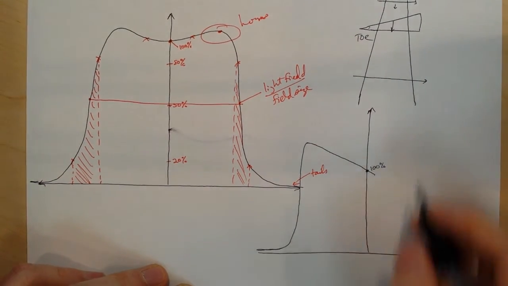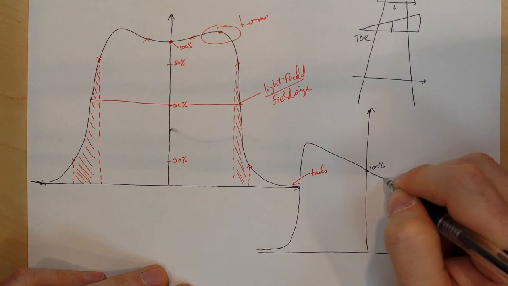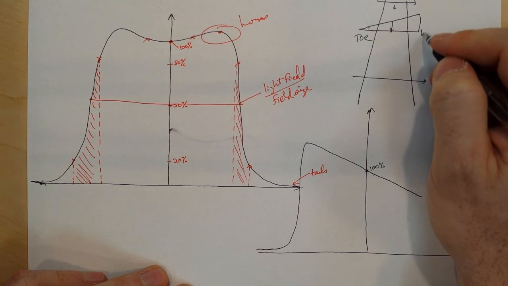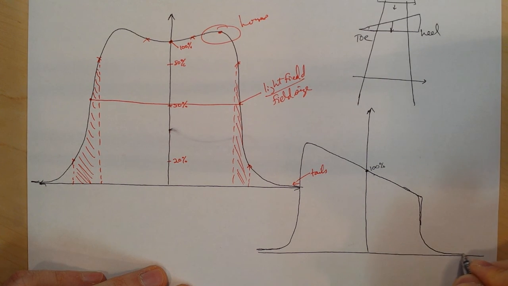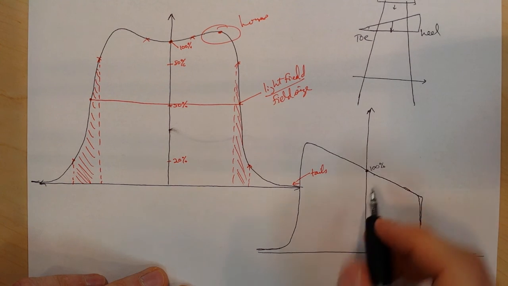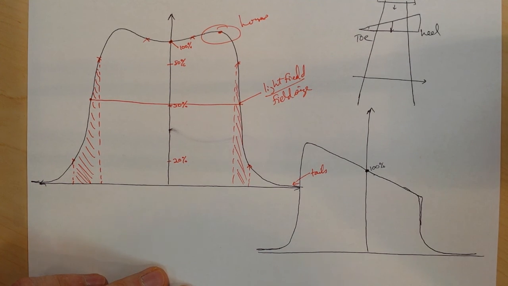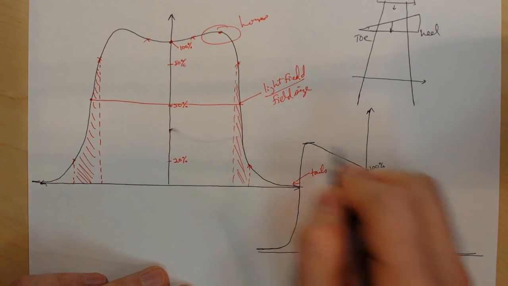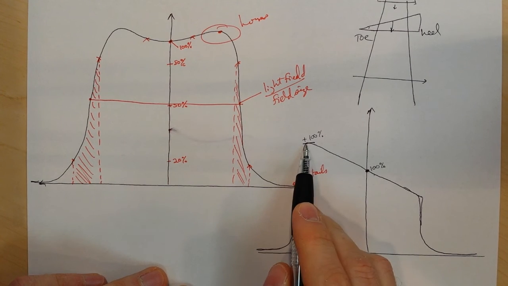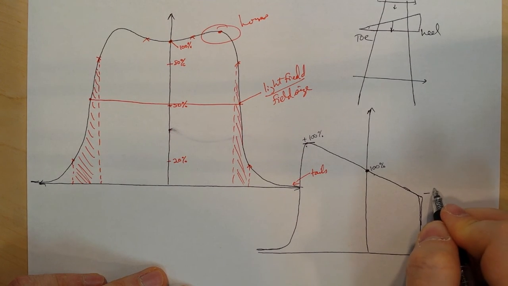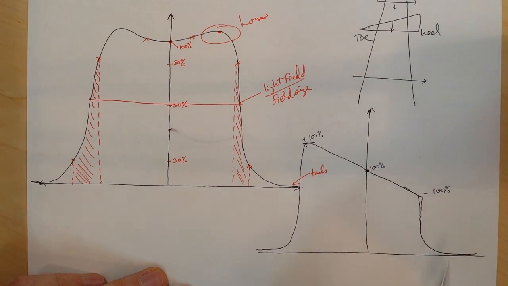And then I get less radiation under the heel of the wedge. I still have penumbra, I still have tails, everything's normalized at 100%, but now I am over 100% under the toe, and I am below 100% on the heel.